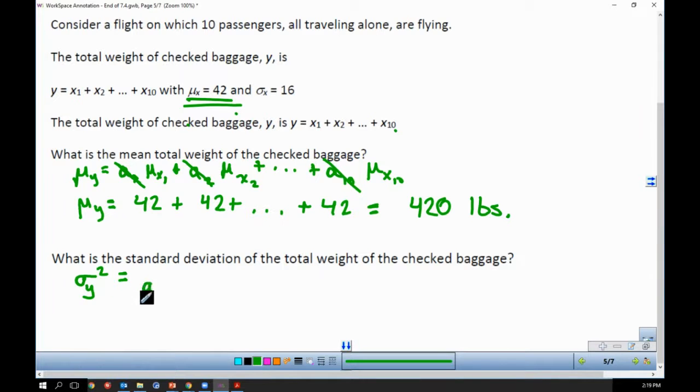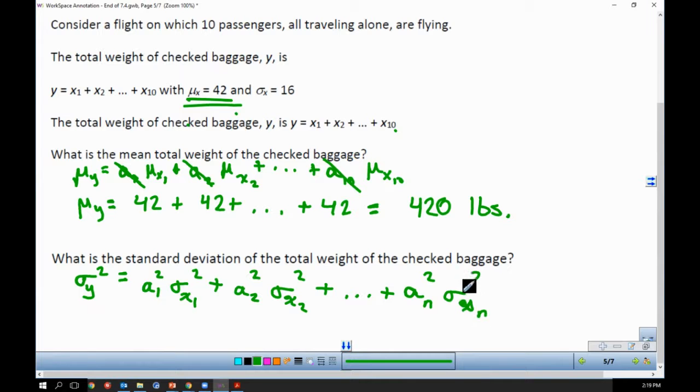So we have to do a1 squared sigma of x1 squared. I'm just writing our formula down that they gave us, then we'll talk about it. So what did we say all the a's were in our case? 1. So really, we don't have to worry about them in this formula, because a is 1.